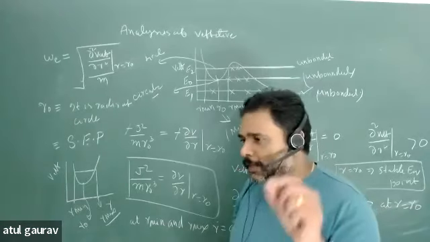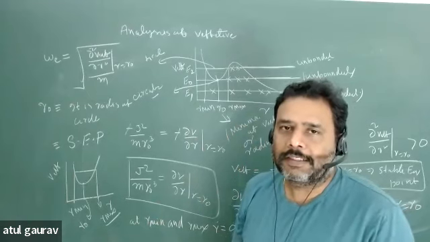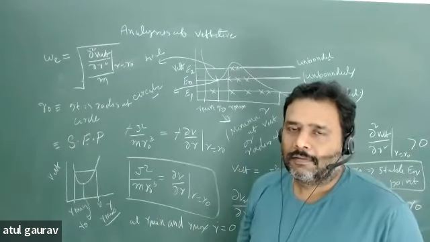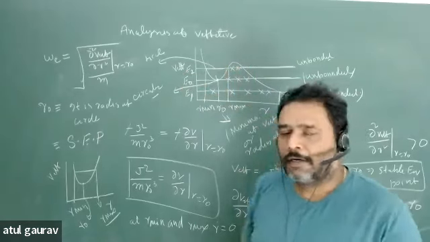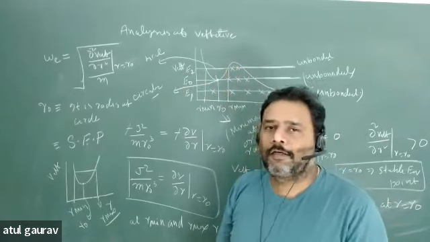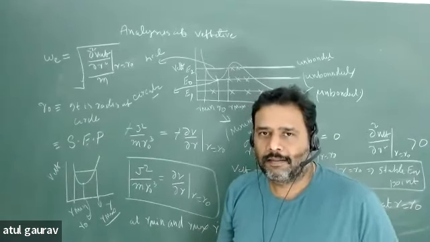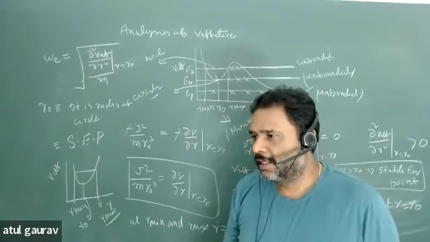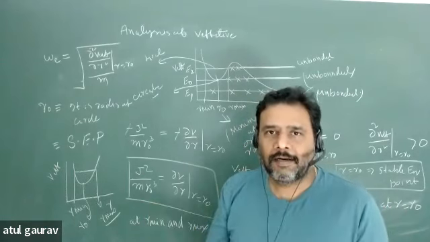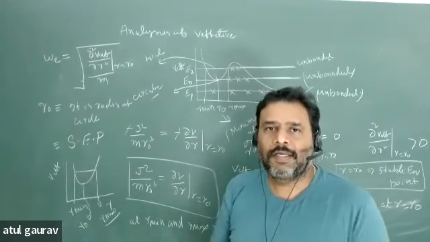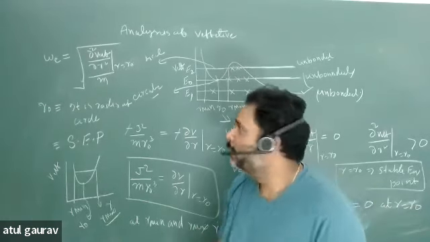And now look at how beautiful this effective potential analysis is. You are doing analysis in one dimension, V effective versus R, but you are giving the conclusion for the two-dimensional plane. An ellipse or circle is an orbit in a two-dimensional plane.